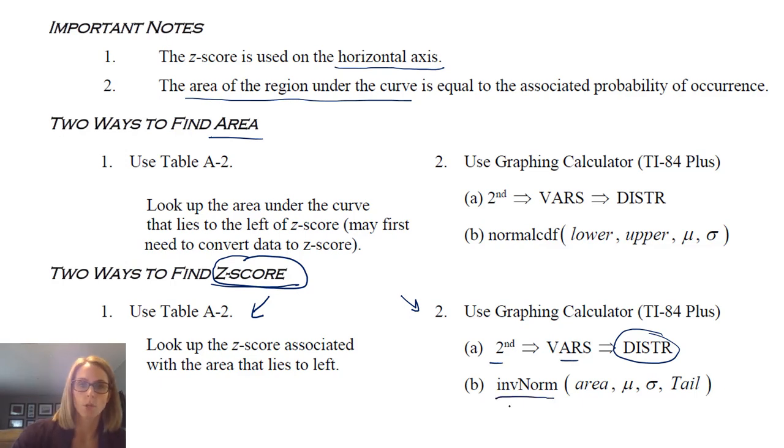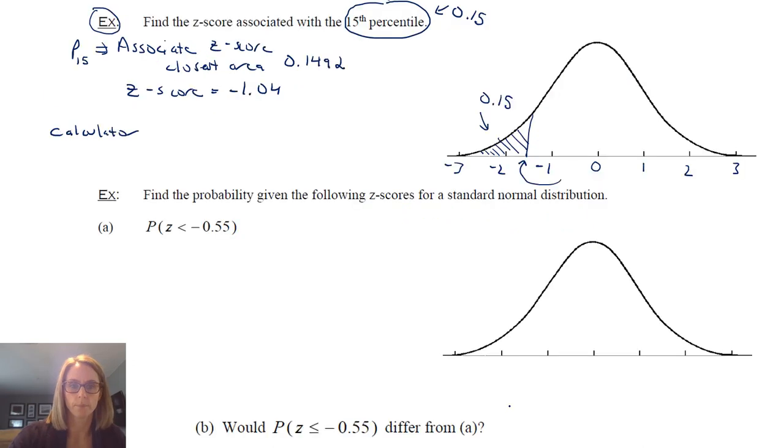So let me head back. The z-score that we want is found using INV norm. If you get out your calculator, you press second VARS, which takes you to distribution, and you'll see number 3 is INV norm.